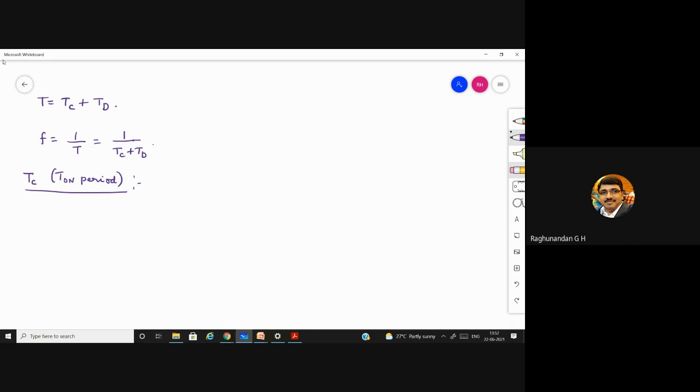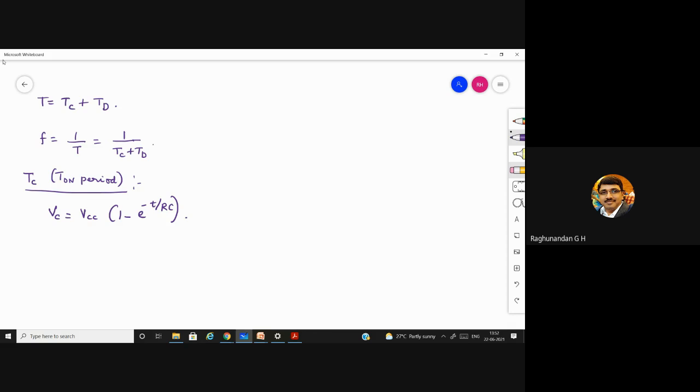Now the expression for Tc, that is the charging time or T on period. For that we use the basic formula, which is Vc is equal to Vcc into 1 minus e to the power of minus t by RC.